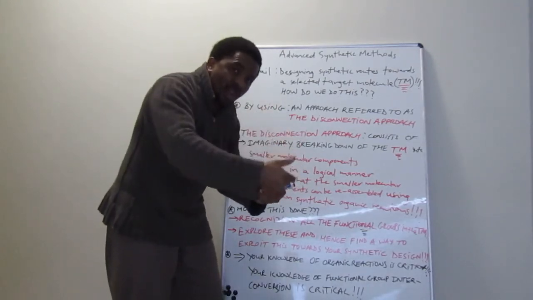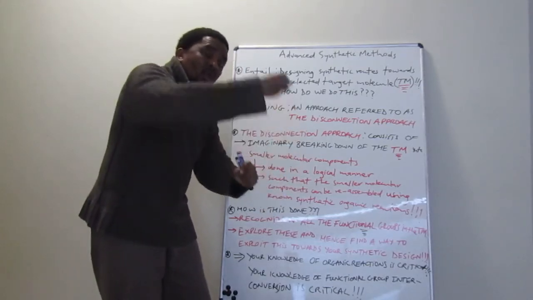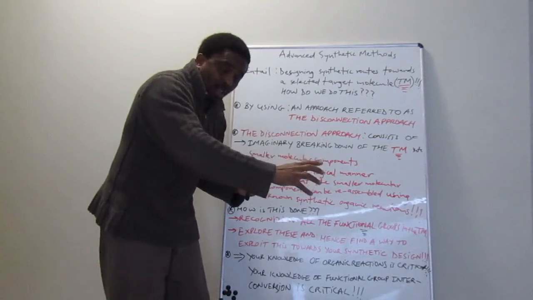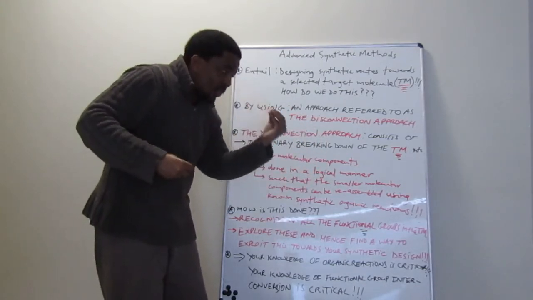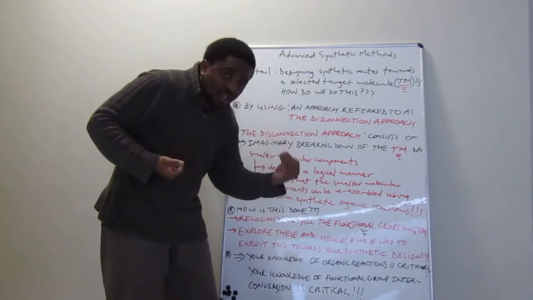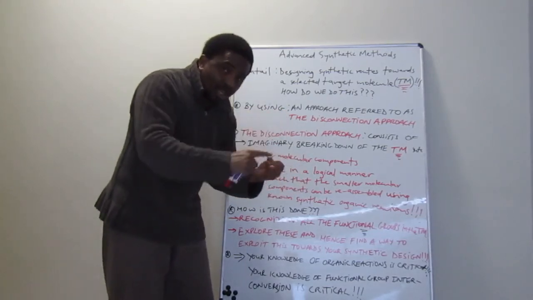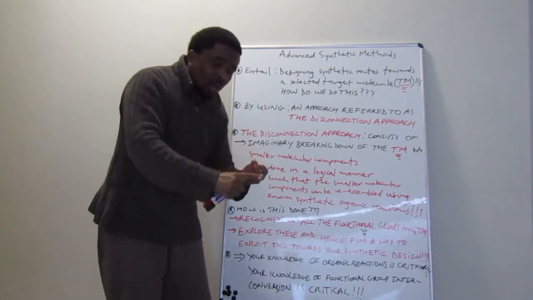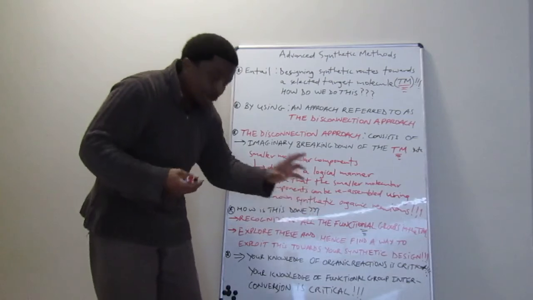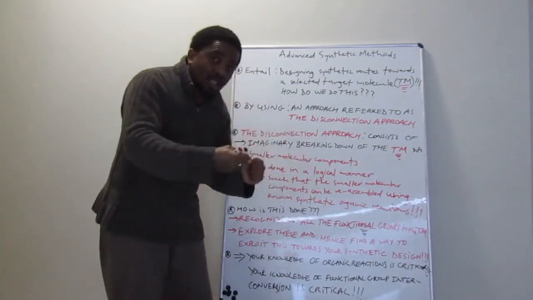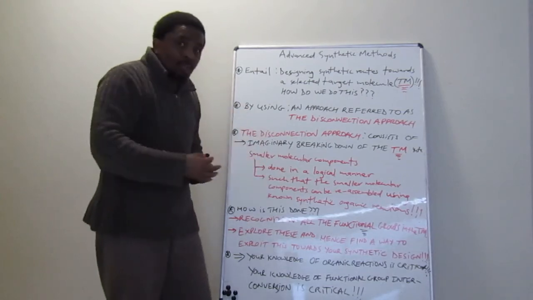You use your synthetic organic reactions that you have studied at your undergraduate level. So the knowledge of your functional groups becomes critical in this case, and also your knowledge of functional group interconversions. It comes in handy when it comes to this approach.